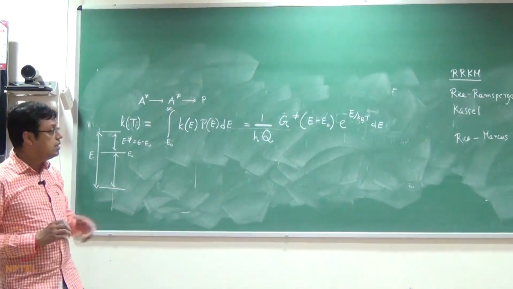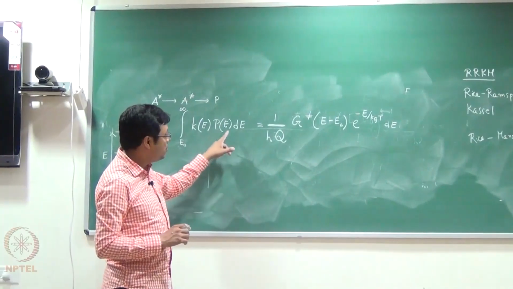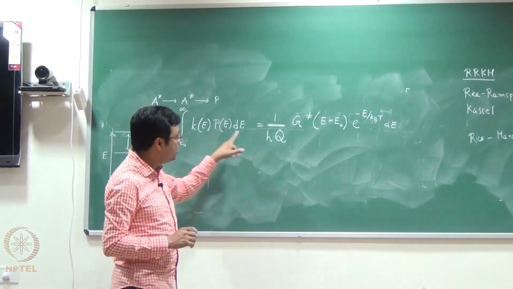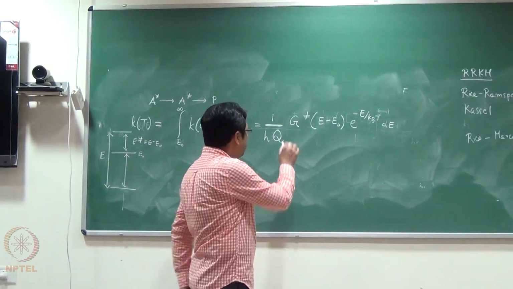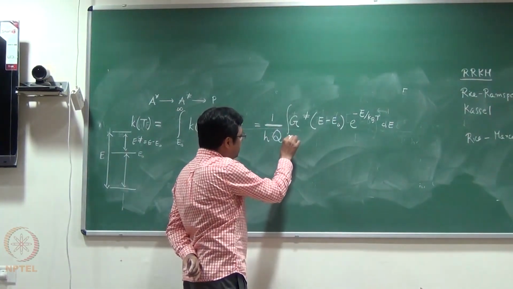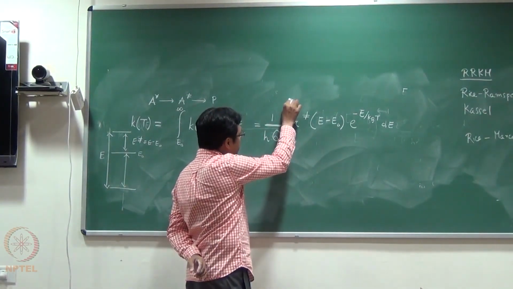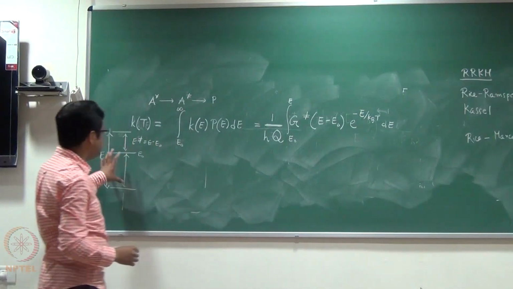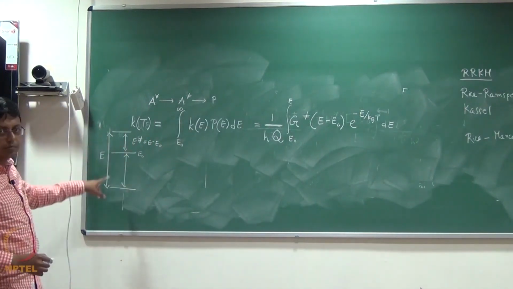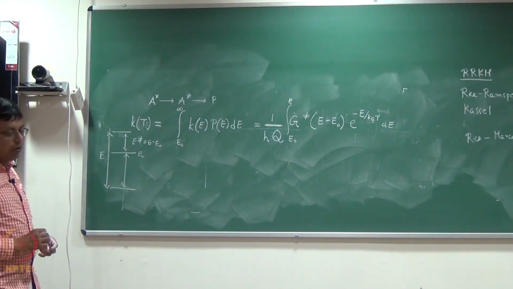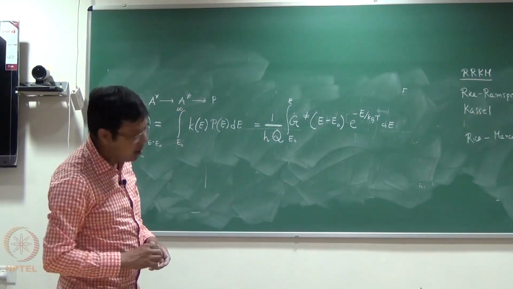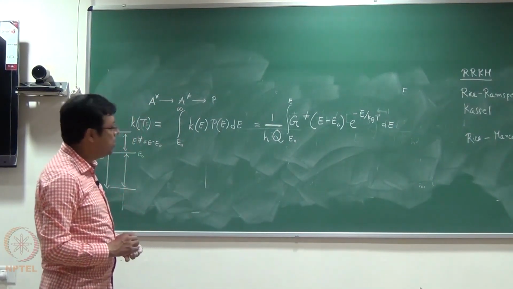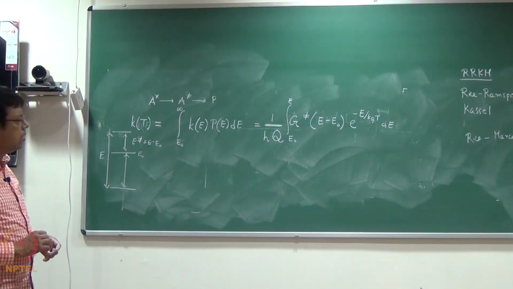Now this is the microcanonical part, and the probability here is just the Boltzmann probability. All I have to do is integrate from E0, keeping this picture in mind. Now I'm adding E also. Now the question is, how will I solve it?